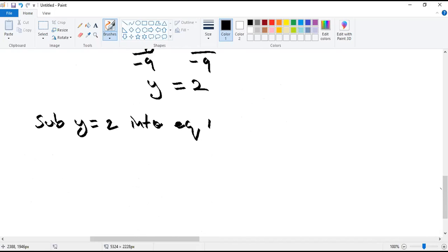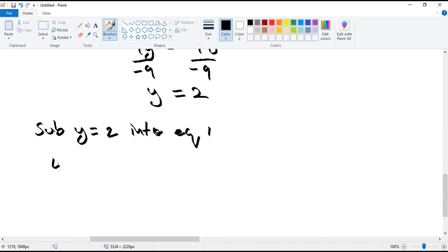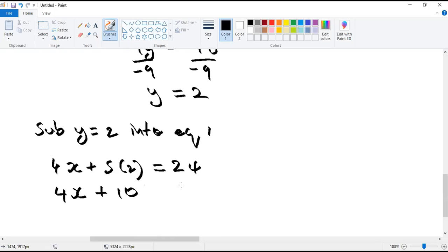Equation 1 was 4x plus 5y equals 24. Substituting y equals 2, I had 4x plus 10 equals 24.